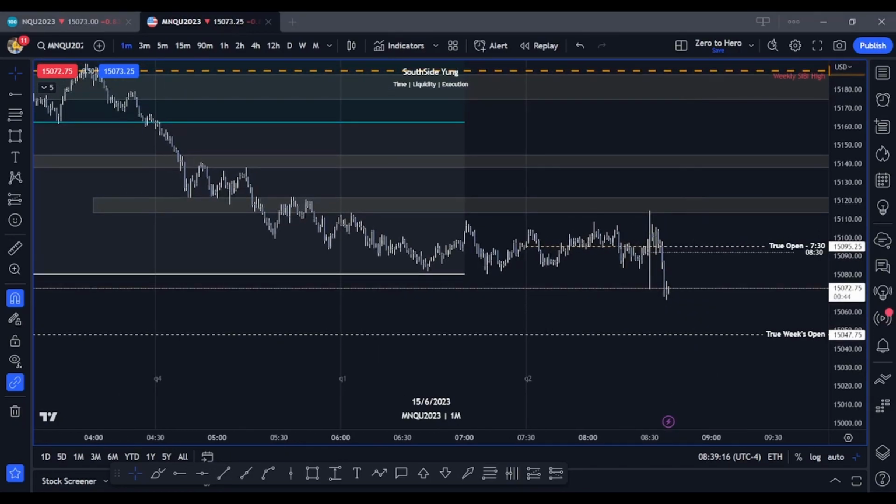No, I know Londo's in here. Londo probably took that. Londo, did you short? Next thing you know, he's gonna come up with a screenshot or something. Londo's always in these trades.